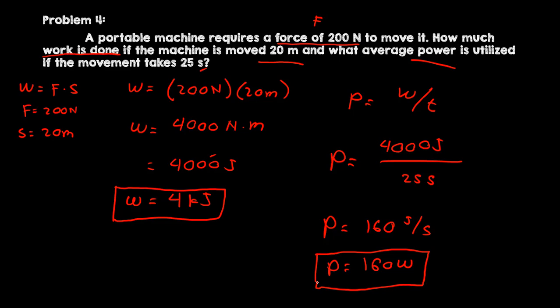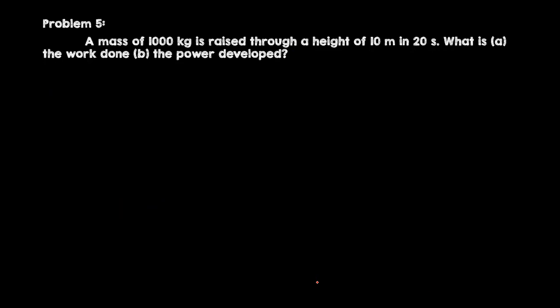Next sample problem is sample problem number 5. A mass of 1,000 kg is raised through a height of 10 meters in 20 seconds. What is A, the work done, and B, the power developed? Work done is W equals F times S. We have a distance of 10 meters.